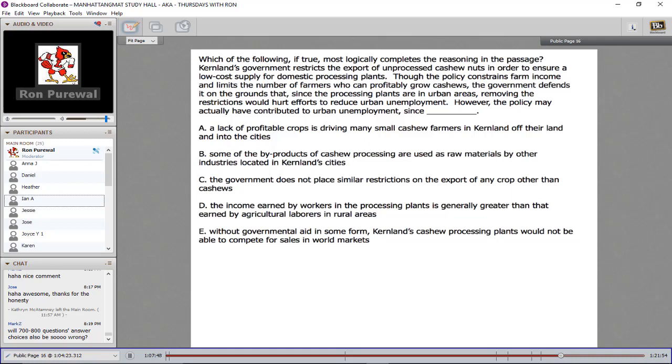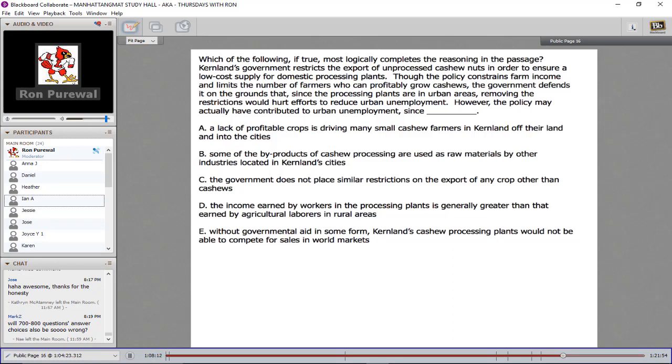But there will be no such thing as a wrong answer that is close to being correct. It will not happen. So, when you review the problems, you've got to make sure you get to the point where you understand that, and where you understand why each of the choices is wrong. So, okay, let's take a look at this.